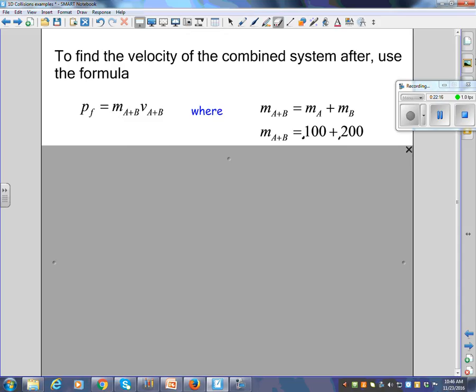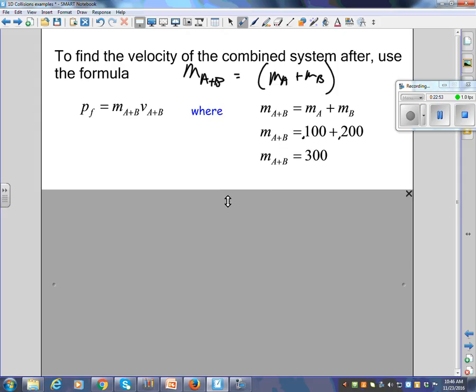The key idea is you've got to add those masses together. M, A plus B is equivalent to bracket MA plus MB. I just kind of simplified that a little bit, so it's a new mass of A plus B. If you prefer to write it out as MA plus MB, go right ahead. I understand that.